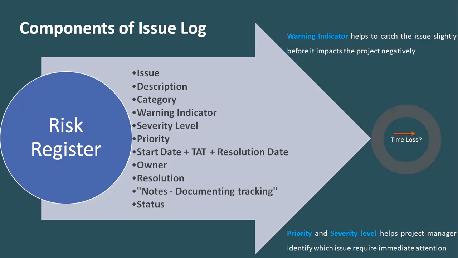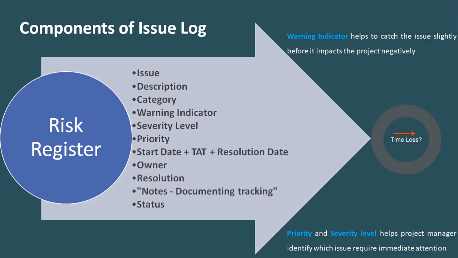If the resource is taking too frequent leaves, this is an indicator that the probability of him leaving is increasing. As I said, an issue is something that we have to act on because it has already happened. But what if just before it actually happens, we have a warning indicator? Too frequent leaves, that can be an indicator.